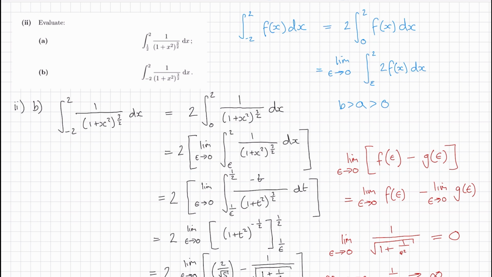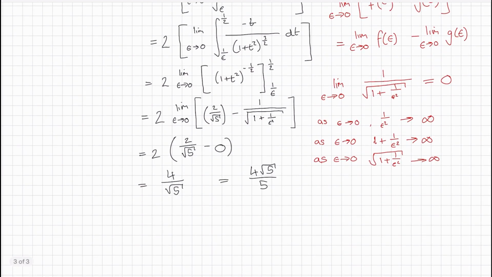Yes, it was easier to use what had been given before. However, you could have used whichever substitution you wanted, a trig sub, u equals 1 plus x squared, whatever, and you would have come, hopefully, to this same answer.